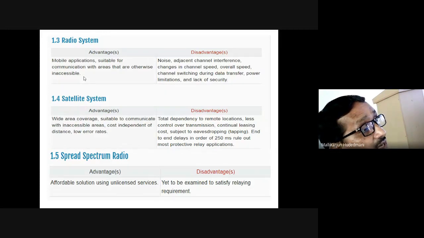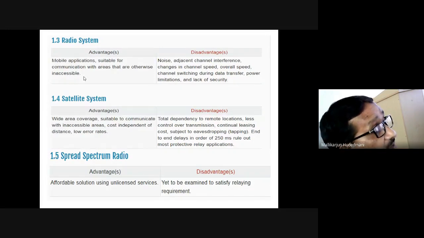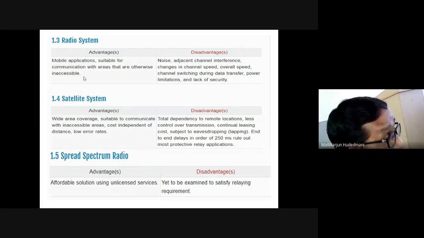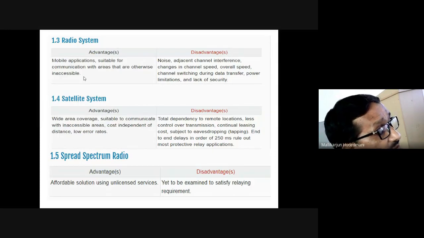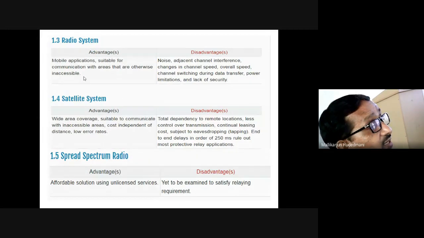So the radio system is like a walkie-talkie, used to communicate from the field of work to the field of control, independent of your present cellular mobile communication. This was a popular radio system and it is very useful in our system operation control, from the switchyard, substation to the control room, or on the field to the station. Over a specific range you can use it.